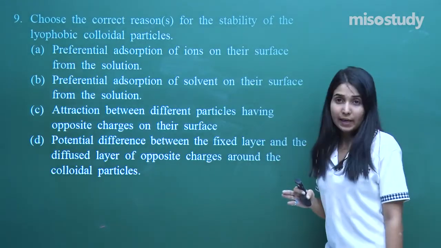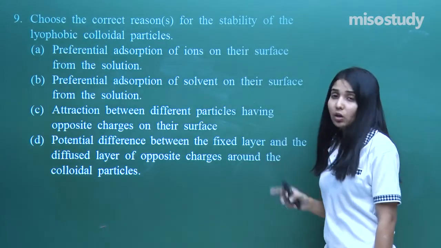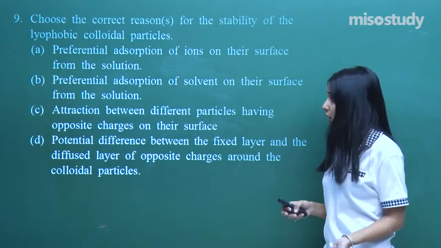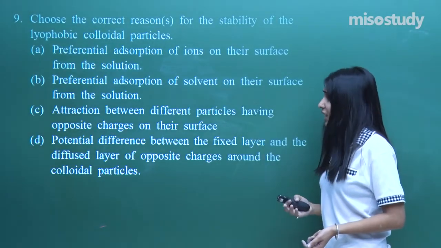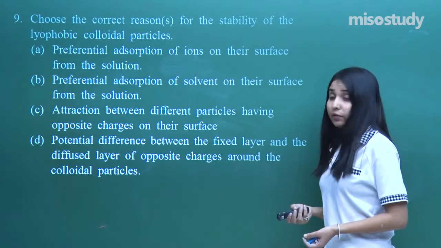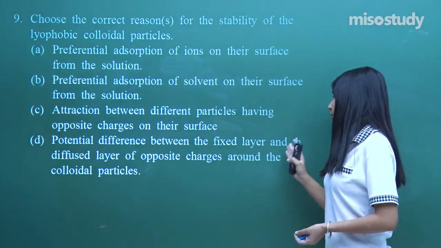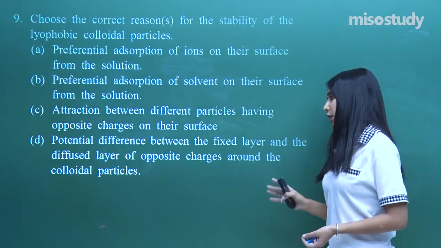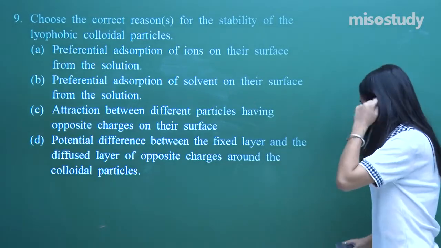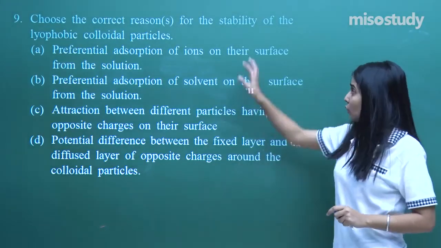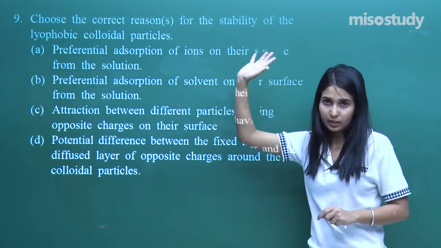Preferential adsorption of ions on the surface from the solution, preferential adsorption of solvent on the surface from the solution, attraction between different particles having opposite charges on the surface, or potential difference between the fixed layer and the diffuse layer of opposite charges around the colloidal particles. First thing, what does the question say? Stability of lyophobic colloidal particles.